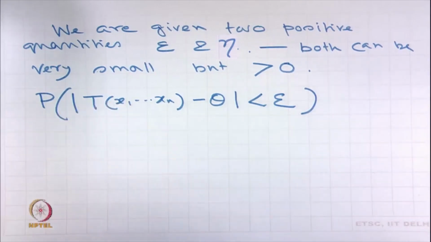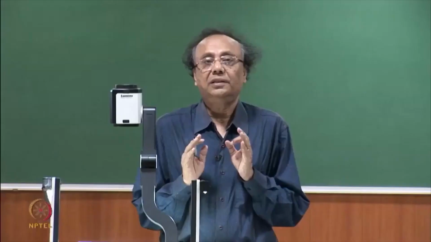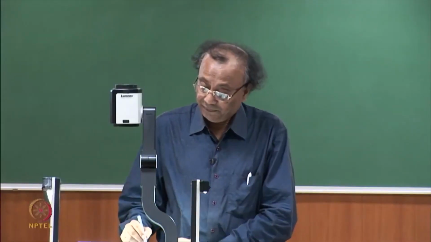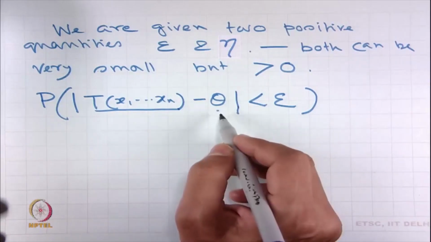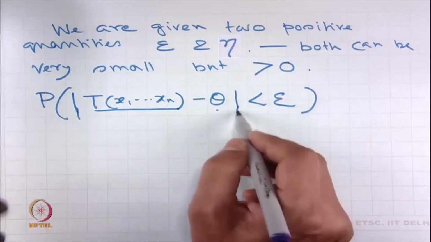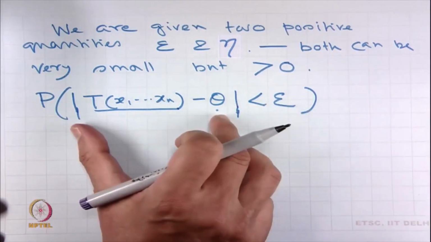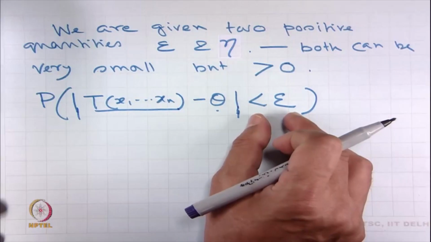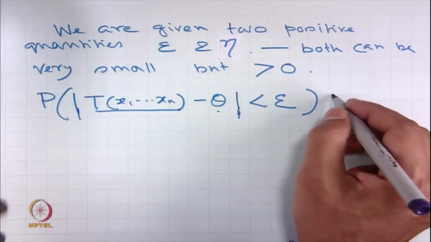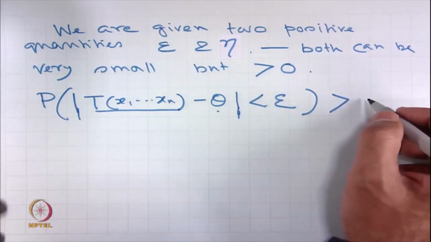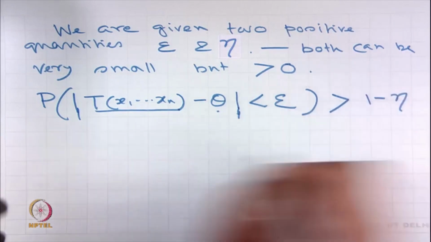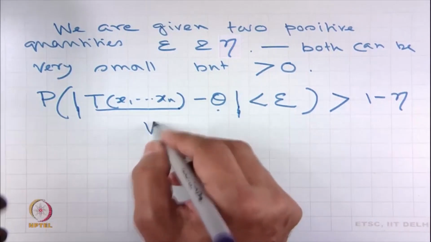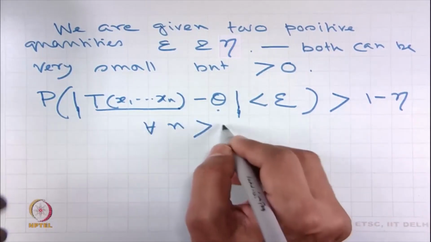You have the n samples, we have calculated the statistic, and we are saying that this statistic should be very close to the actual value of the parameter. How much close? That the absolute difference between them is less than epsilon. That probability can be made arbitrarily large, that is greater than or equal to 1 minus eta for all n greater than n naught.